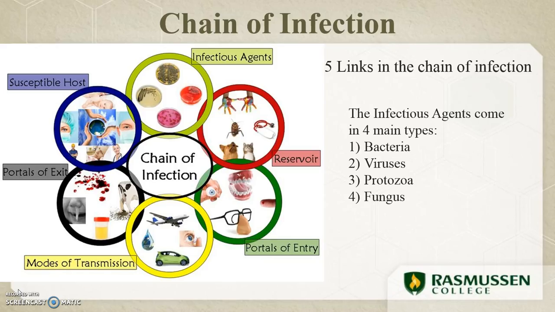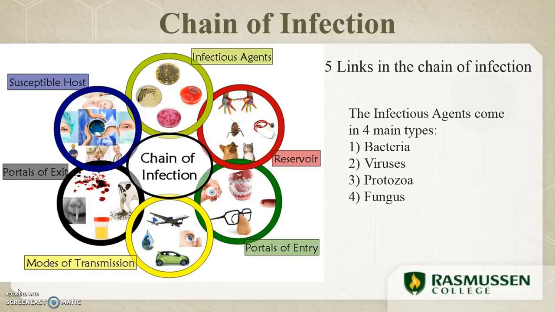Some of the infectious agents that we may come into contact with are bacteria, viruses, protozoa, and fungus. Now these are microorganisms that can grow one of 2 ways. They can either grow aerobically or anaerobically. Aerobic means that they need oxygen to live, and anaerobic means that they do not need oxygen to live.